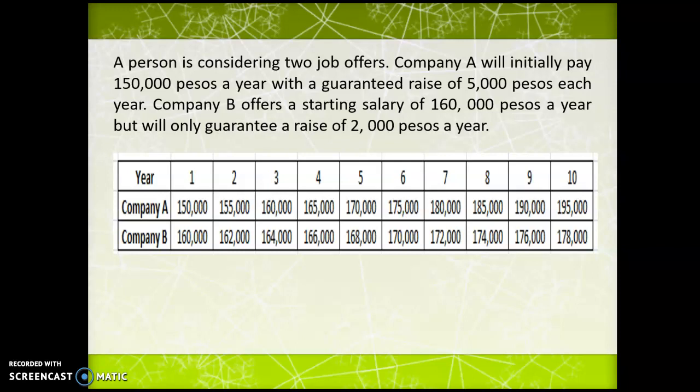Okay, so these types of problems involve arithmetic sequences. The relationship of the numbers and the similarities they have pertains to an arithmetic sequence.